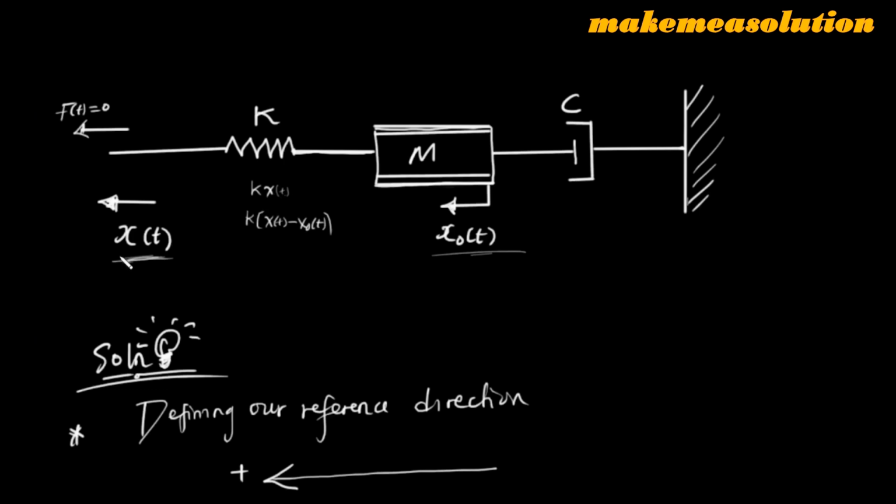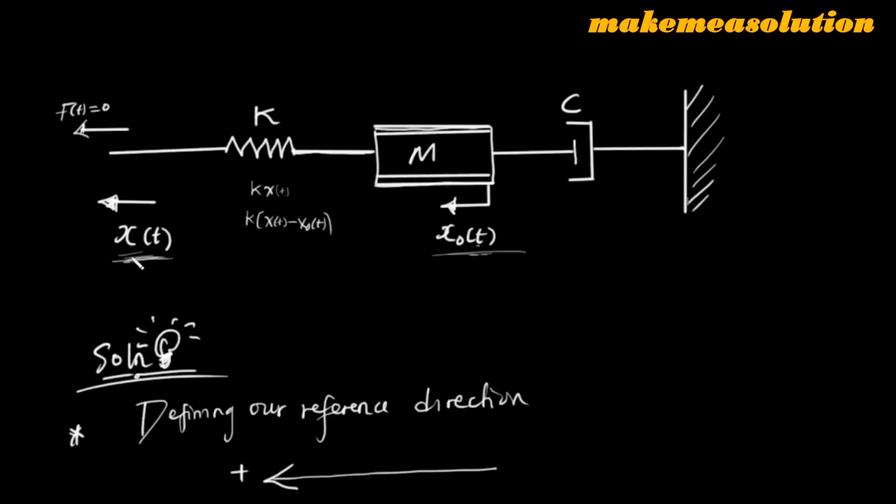But since you're dealing with two variables this time around, kx of t minus x naught of t means that I'm considering this as my new origin. You're considering the displacement between these 2 points. So the displacement between these 2 points will contribute to the extension that will contribute to the force that this particular spring will exert on this particular mass.